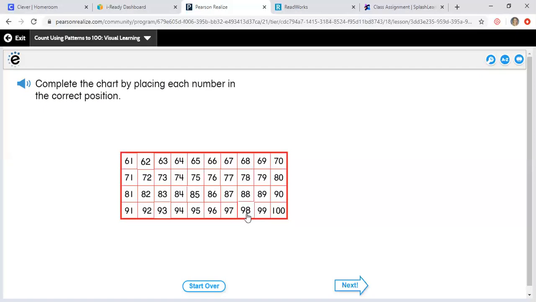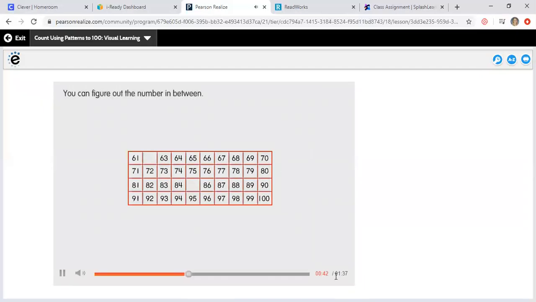We look for patterns to help us fill in this 100s chart. You can figure out the number in between. What number belongs between 61 and 63? 62 belongs between 61 and 63. What number comes just after 70? 71 comes just after 70.